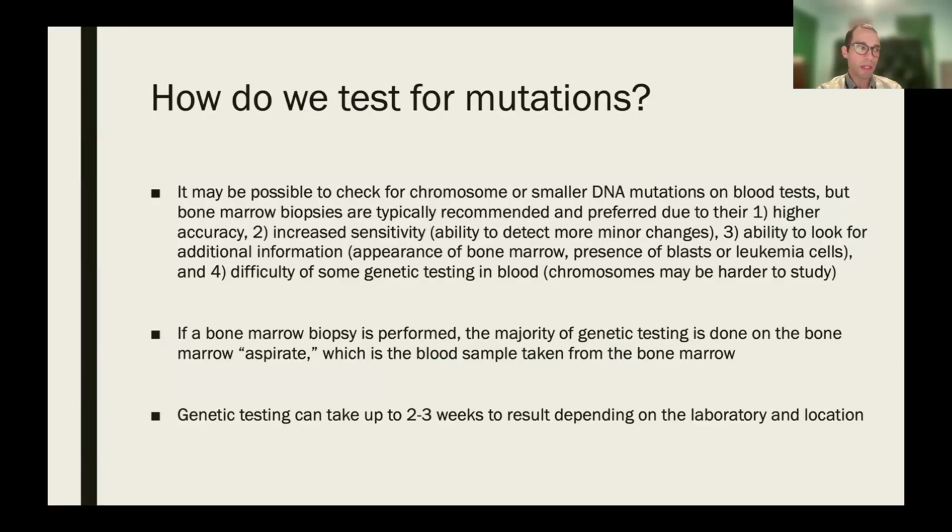And so I don't think just documenting the presence or absence of a driver mutation in the blood is sufficient in all cases to forego a bone marrow biopsy. But it is a case-by-case basis, and there might be reasons for deferring or pursuing a bone marrow biopsy that your physician has in mind that he or she can discuss with you.